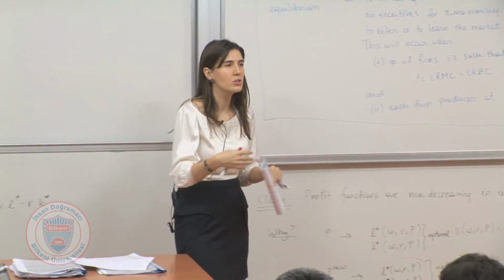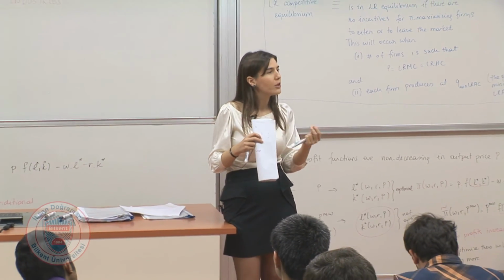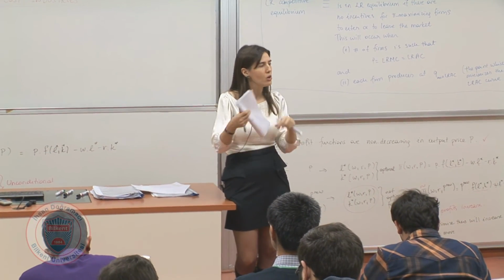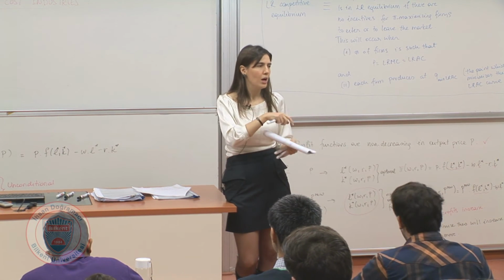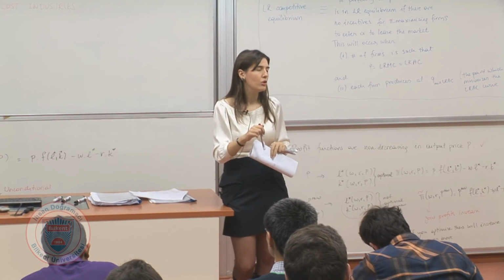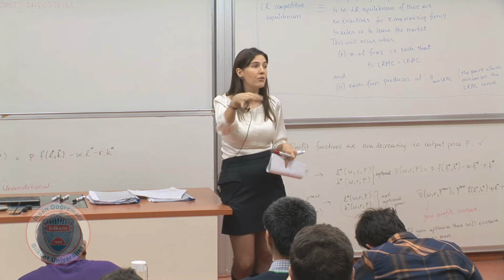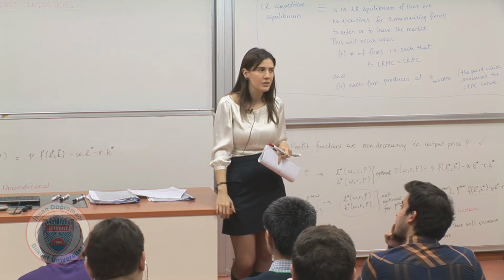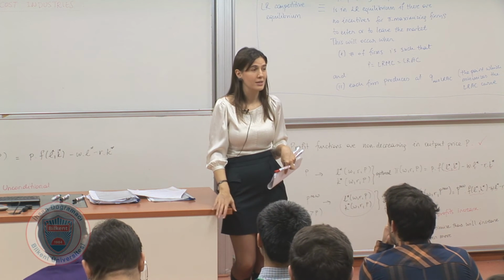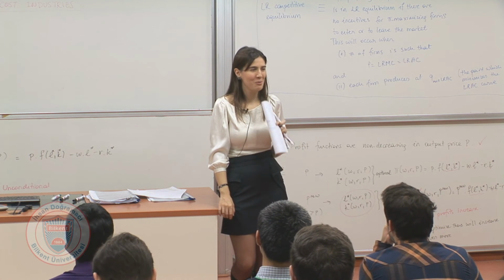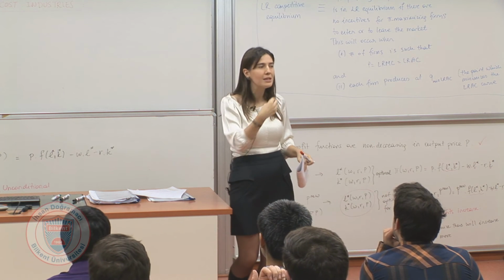So you wanted to enter the tomato market because there are positive profits, but you need some workers to, let's say, collect the tomatoes or deal with your land and such. They need to help, and you go to the village, but everyone is working at some other farm, right? Now you entered. What would you do if you need some workers? What would you tell those guys? I'm going to give you more money, right? So you're trying to give them a little bit more and you would like to steal them, right?